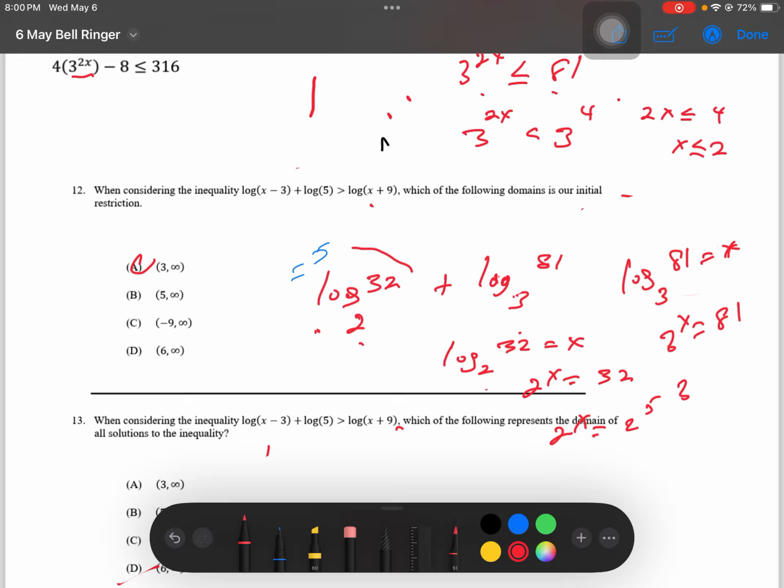That gives me 3 to the x is equal to 3 to the fourth power. So that's 81 right there. Therefore, x equals 4. So again, this second term right here is equal to 4. So 4 plus 5 is equal to 9. Okay? So make sure if you see anything like that, you know how to do it. That was the kind of bell ringer we did.